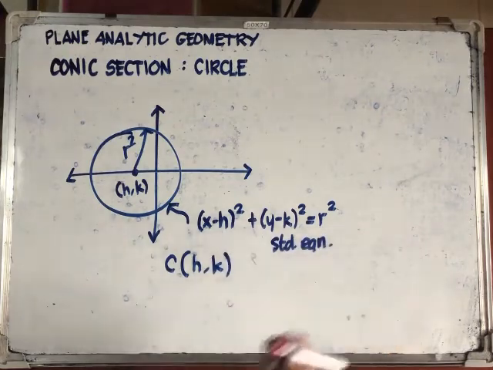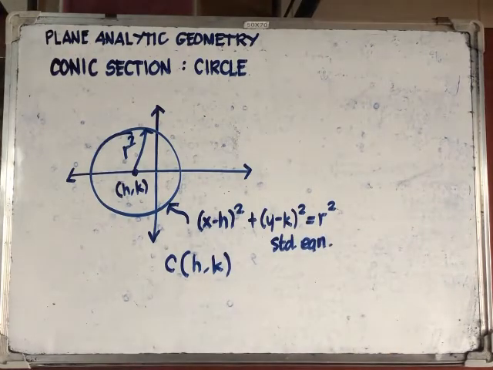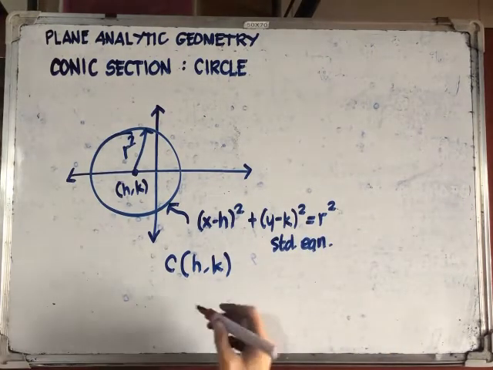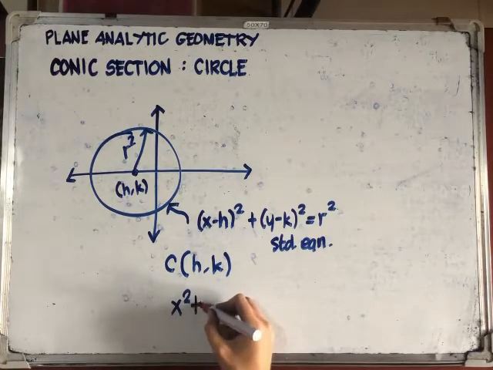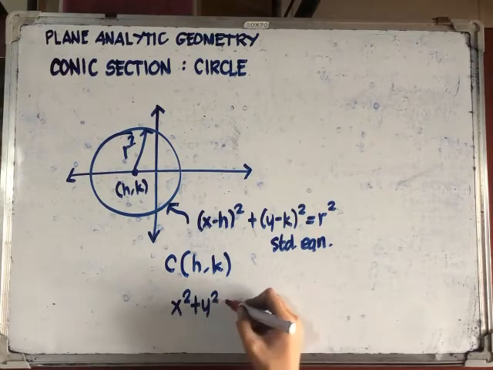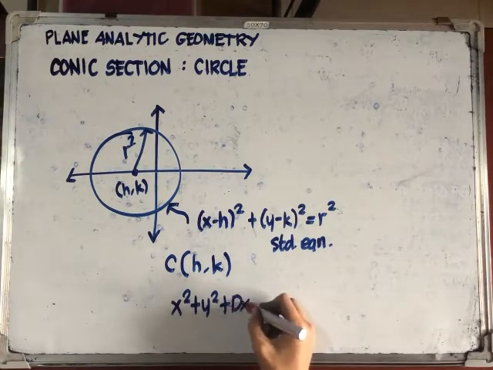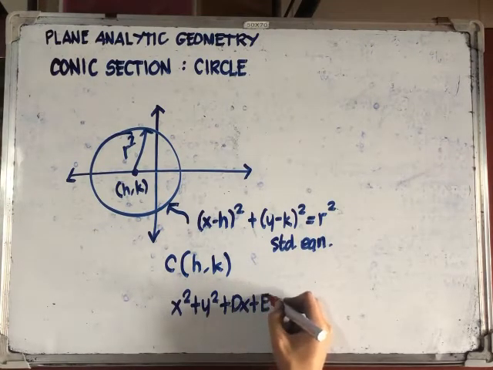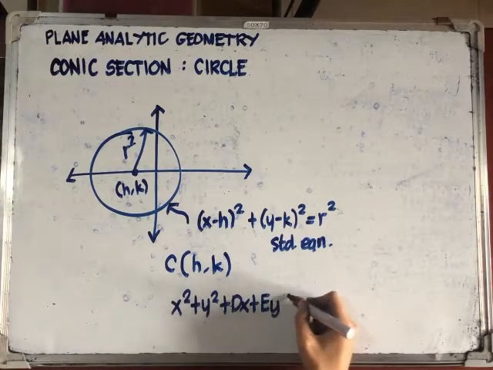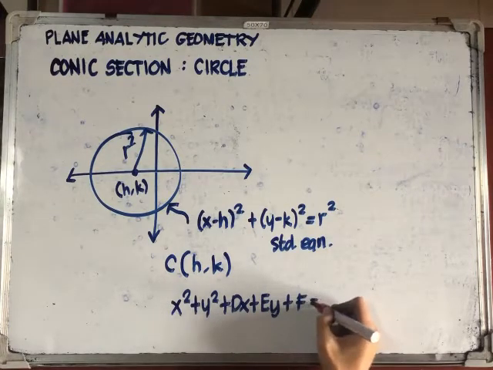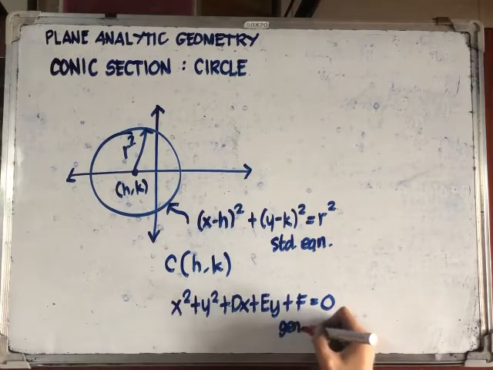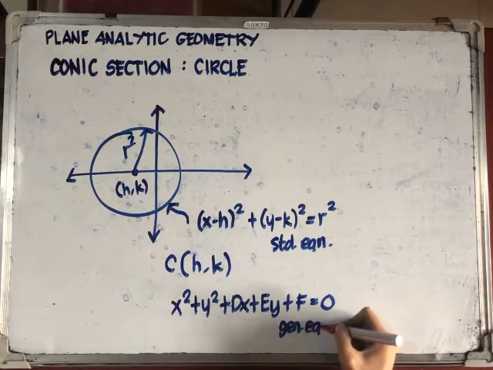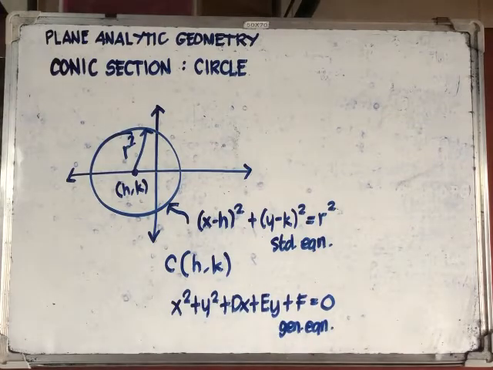Standard equation. Alright? So, ganun lang ang kailangan natin tandaan for circle. And, ang general equation niya would look like this: x squared plus y squared plus dx plus ey plus f is equal to 0. This one is the general equation. So, may mga problems kasi tayo na nasosolve natin siya using this general equation.